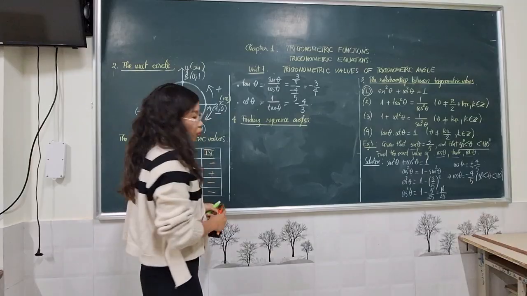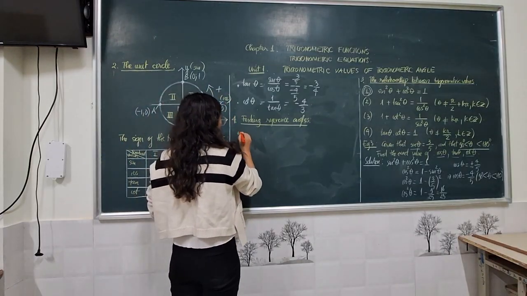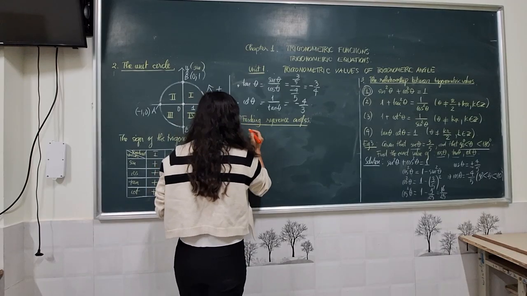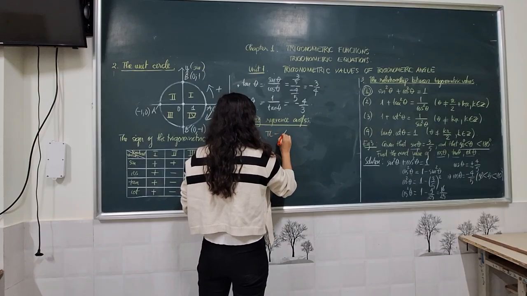Some angles have a relationship called theta or alpha and pi minus theta.